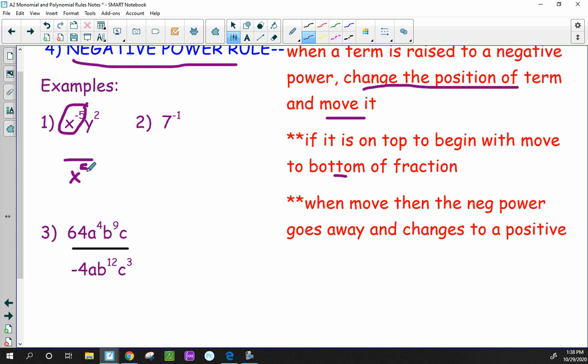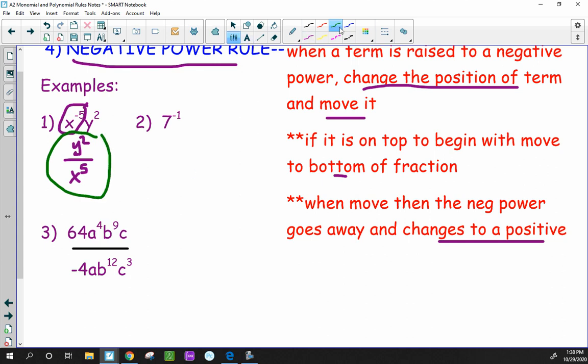They're both the same. And when I move it, the sign changes back to a positive. And then this one is already positive 2, so it's going to stay where it is, and basically it's going to stay on top of your fraction. And so that is your final answer. That's so much better than the original problem.